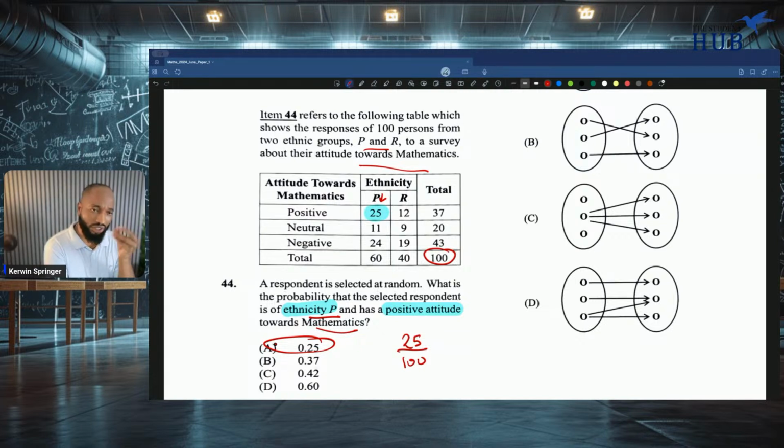If it was a conditional probability, given that you select somebody from ethnicity P, what is the chance that they have a positive attitude? That one would have been 25 out of 60, only the people in ethnicity P considered. But we consider the whole survey here, and what is the chance that you select this type of person, ethnicity P, and a positive attitude?